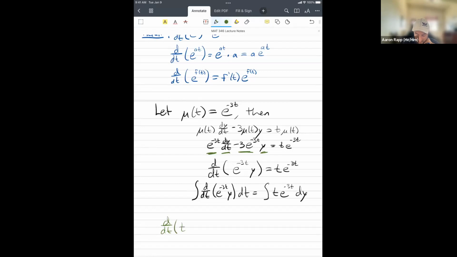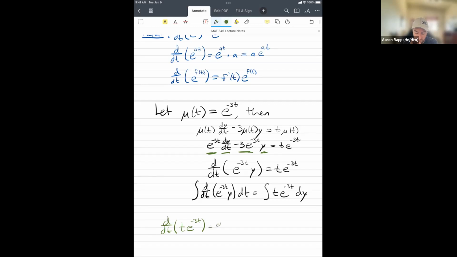But if I took the derivative of t times e to the negative 3t, what rule would I have to apply? Chain rule? Chain rule will definitely be in there, so it's not a wrong answer. The first rule I have to do is product rule, because I'm multiplying two functions together.